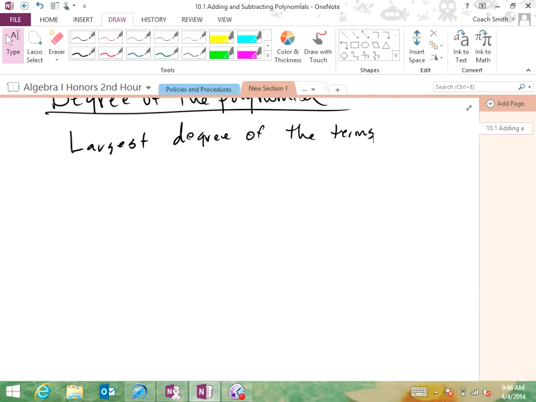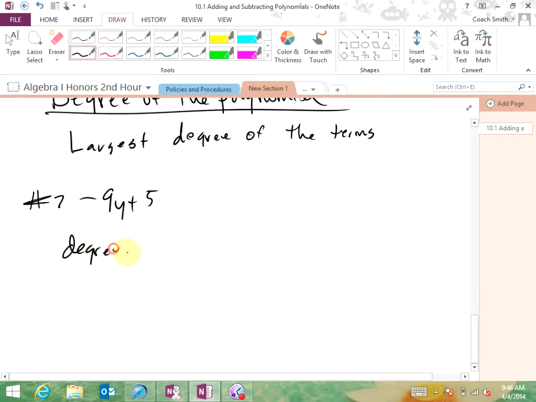So number 7 wants us to classify negative 9y plus 5. They want it by its degree, so its degree comes first, and then the number of terms comes second. So by the degree, what is this?